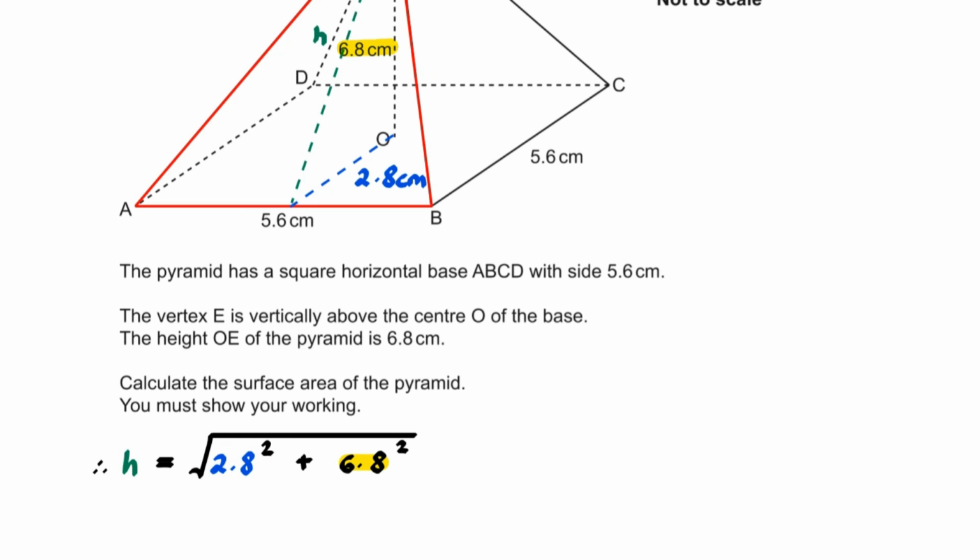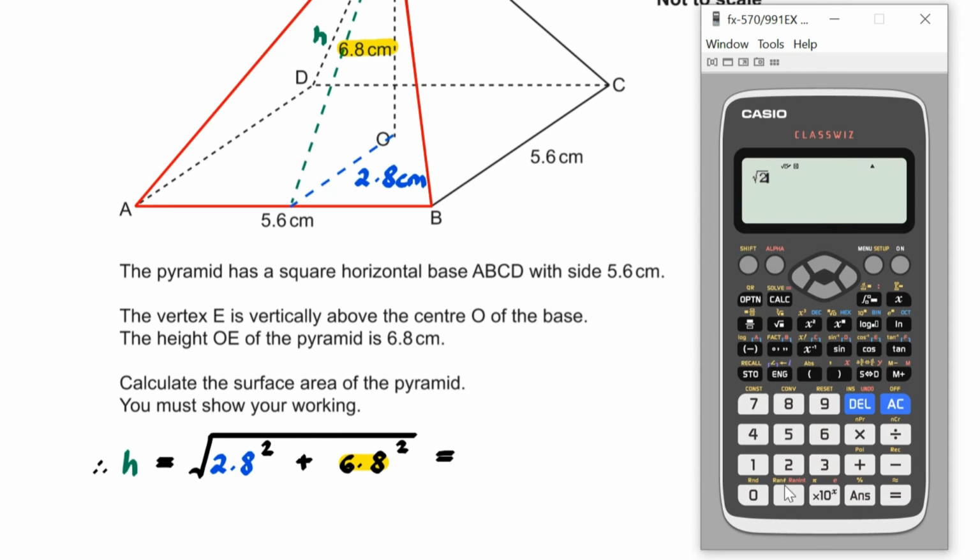So if I work out what h is, what you will find is h will equal 7.353, etc. centimeters.